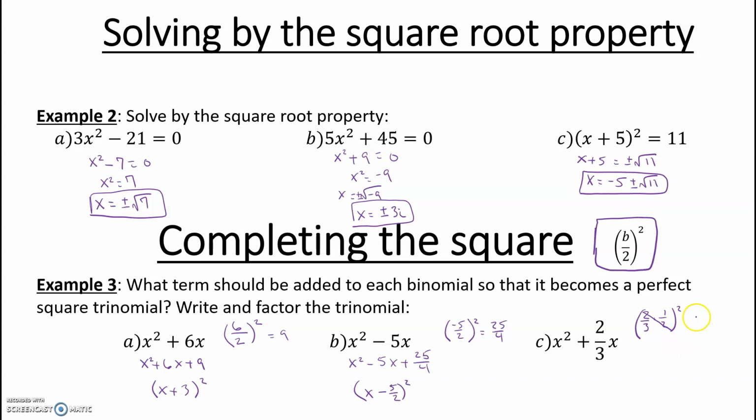Those cancel, so we'll have 1/3 squared, and we'll get that 1/9. So we'll have x squared plus 2/3 x plus 1/9. That will be my perfect square: x plus 1/3 squared.